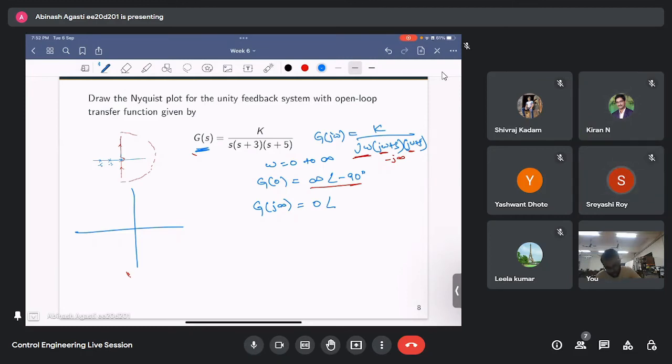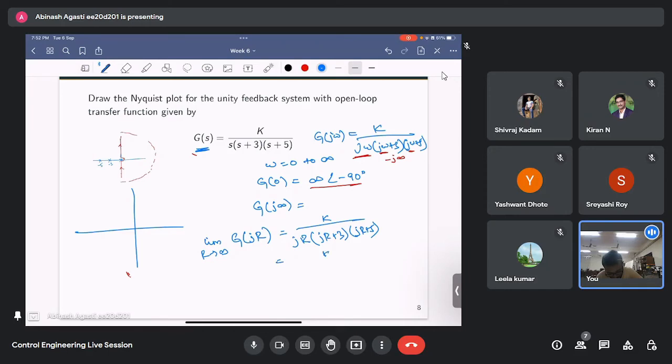Yes, if you substitute infinity here, like let us substitute a very large number. How we do this calculation is we take gjr and find limit r goes to infinity. So this is k by jr, so jr plus 3 into jr plus 5.